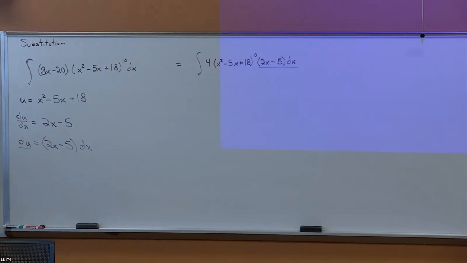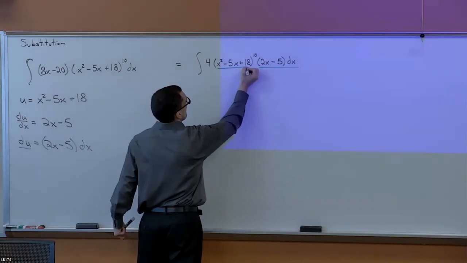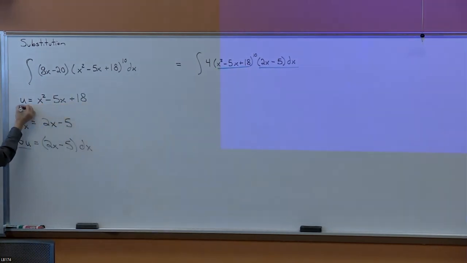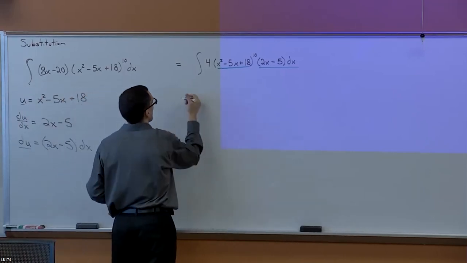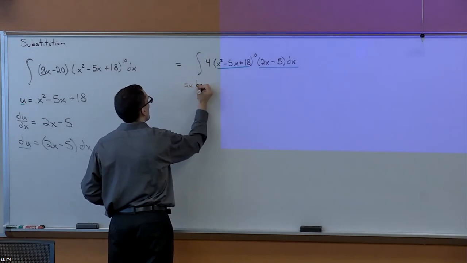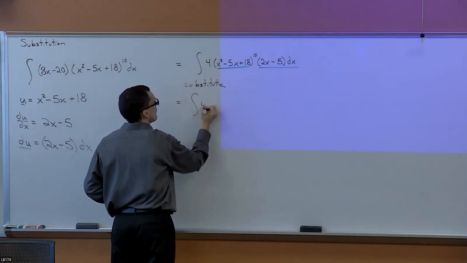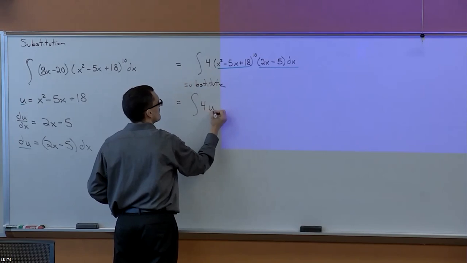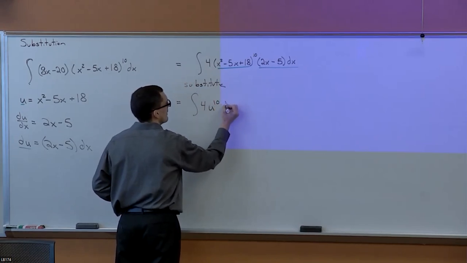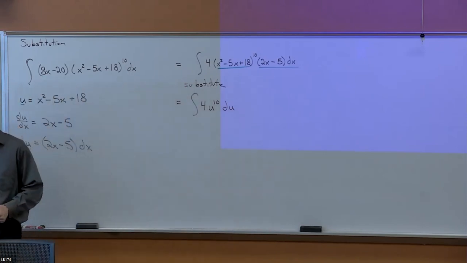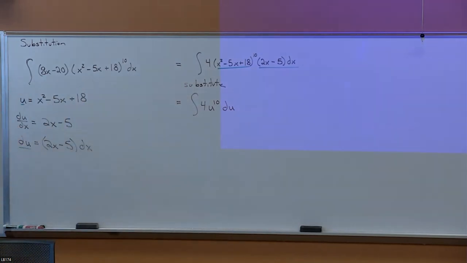Now I can do my substitution. So the 2x minus 5 dx, that gets exchanged for a du. The x squared minus 5x plus 18 gets exchanged for the u. The 4 stays there, so 4 times u to the 10th times du is what we're going to be integrating. Not really times du, but it's integrated with respect to u.